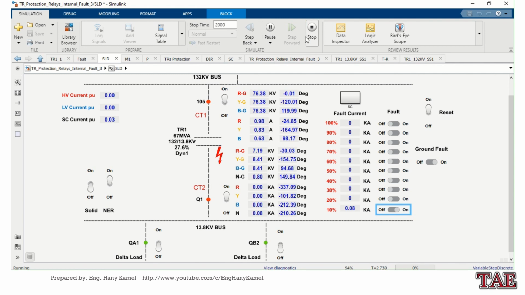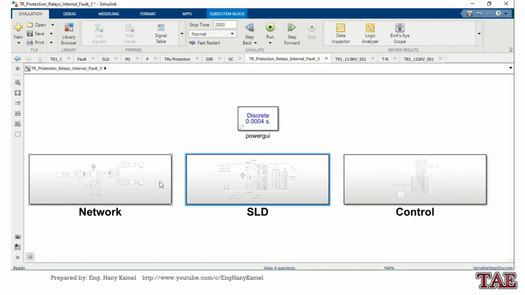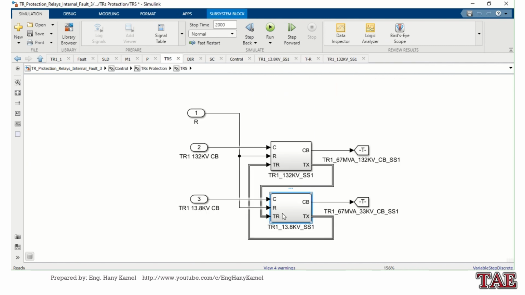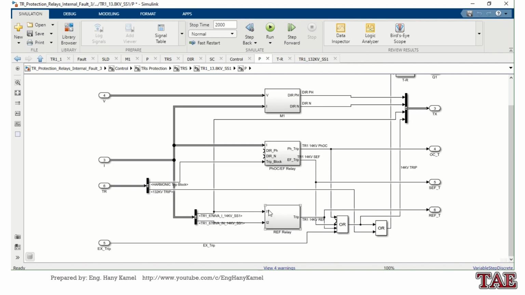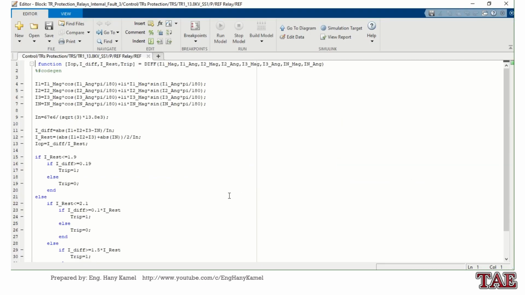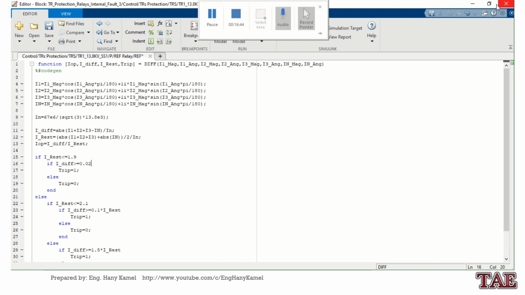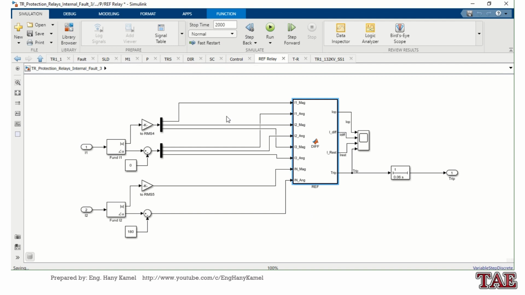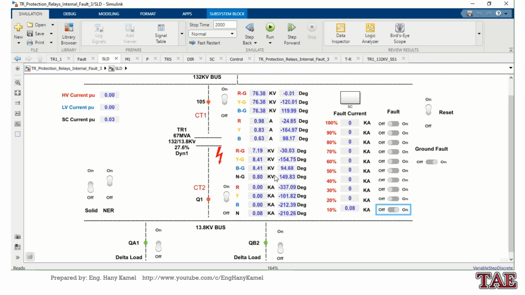So we can adjust the restricted earth fault, for example 0.2, and we'll make run.